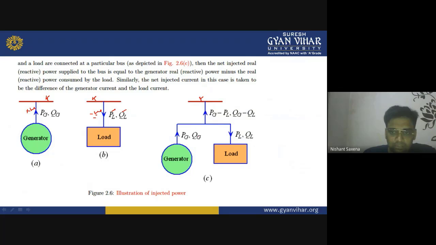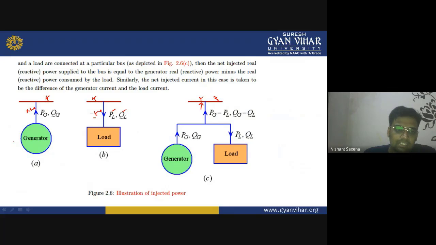So the net supplied to this bus is equal to Pg minus PL and Qg minus QL, where PL and QL are the real and reactive power demanded by the load. That has to be subtracted, and the net power will be supplied to the bus K. And thus in this case, the injected current is the difference of the generator current and the load current. I think this is clear.